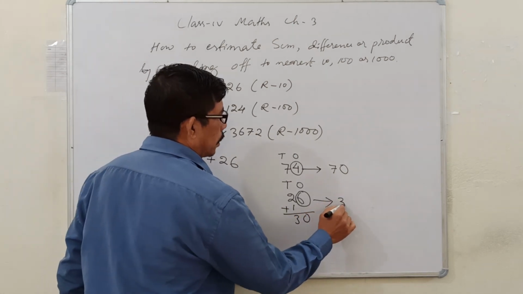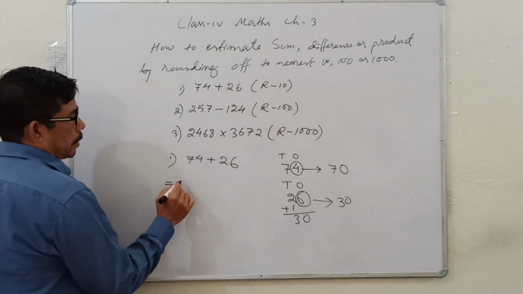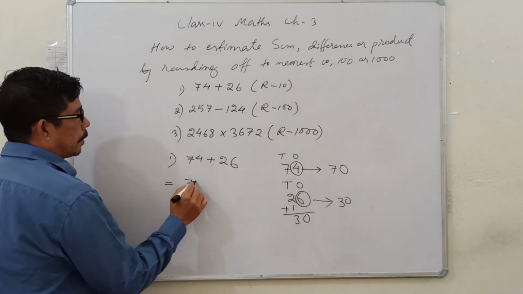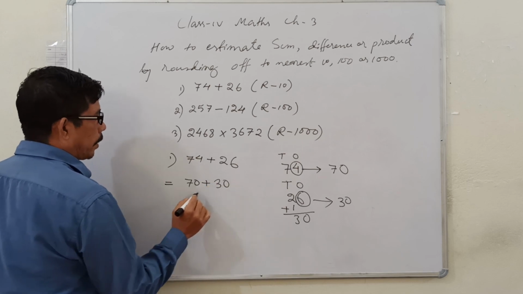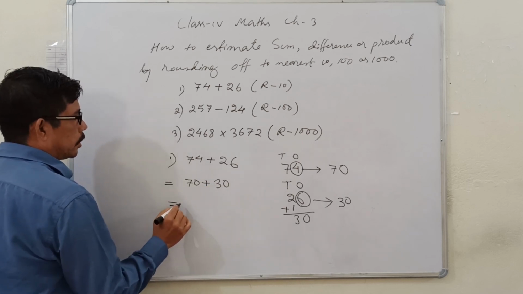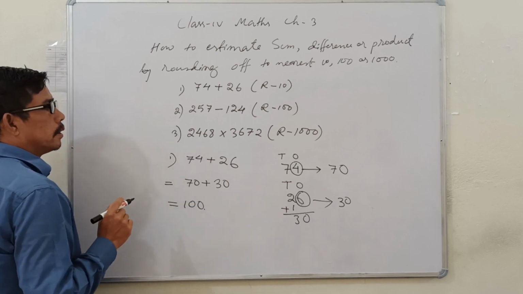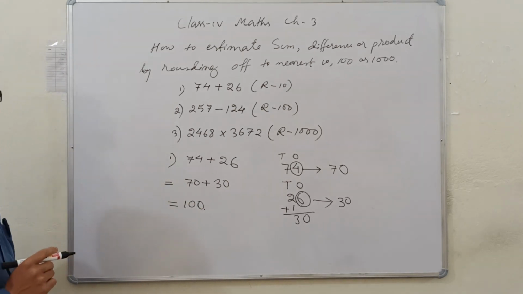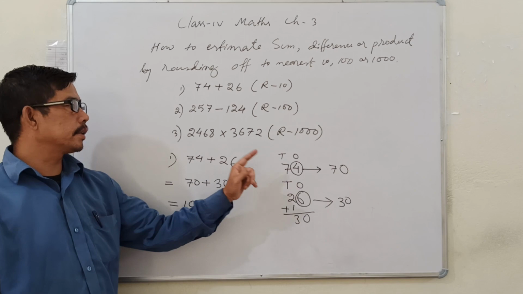That is, it becomes 30. So after rounding, 74 becomes 70 and 26 becomes 30. That is, the estimated sum is 100. So this is how to find this estimated sum by rounding to nearest 10.